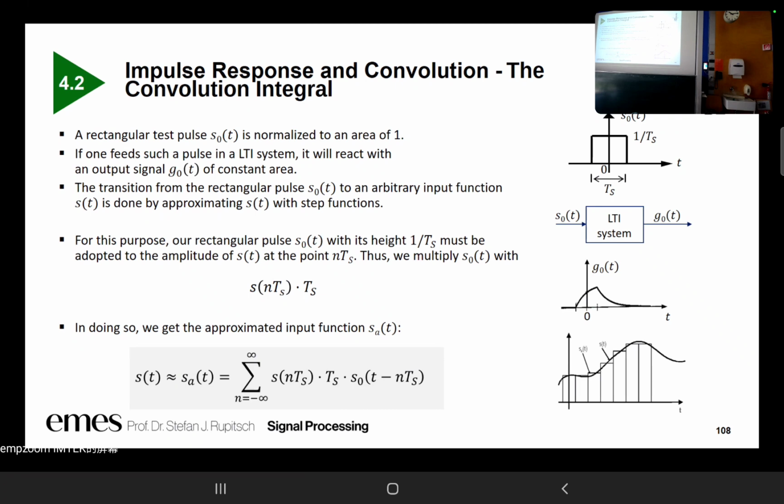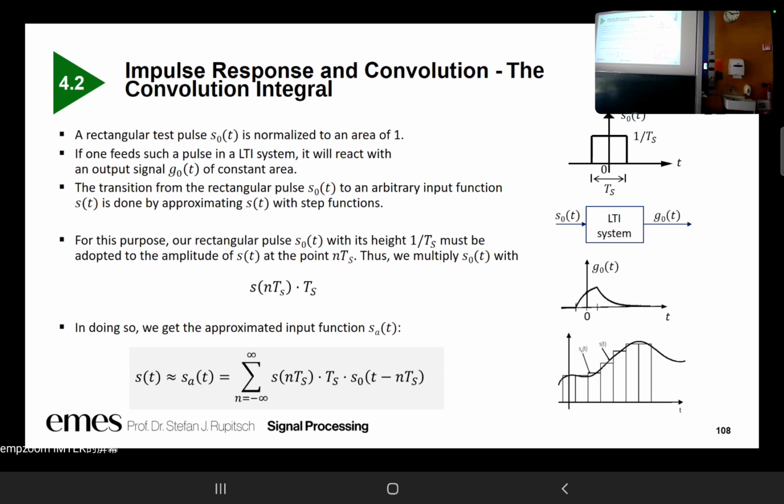If we start with 0 here, at this point, then this would be 0, this would be 1, this would be 2, and so on. So this function gives us the amplitude of the curve. Yeah, this always refers to the middle of the curve with respect to this rectangle. Okay.